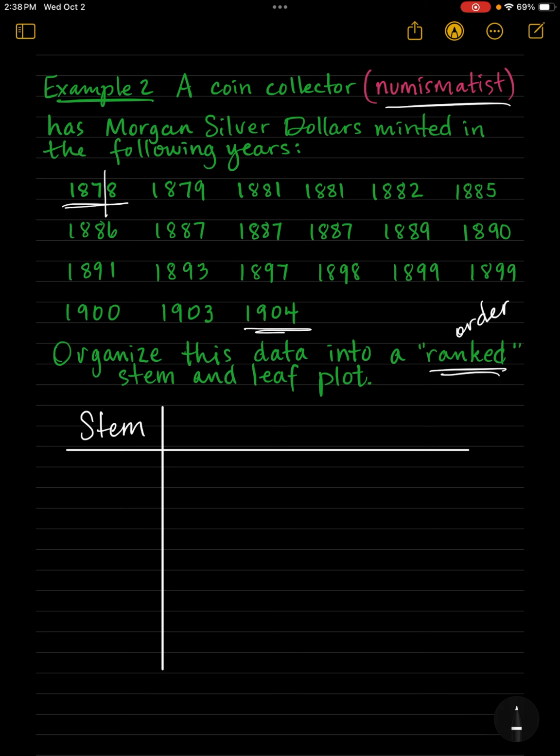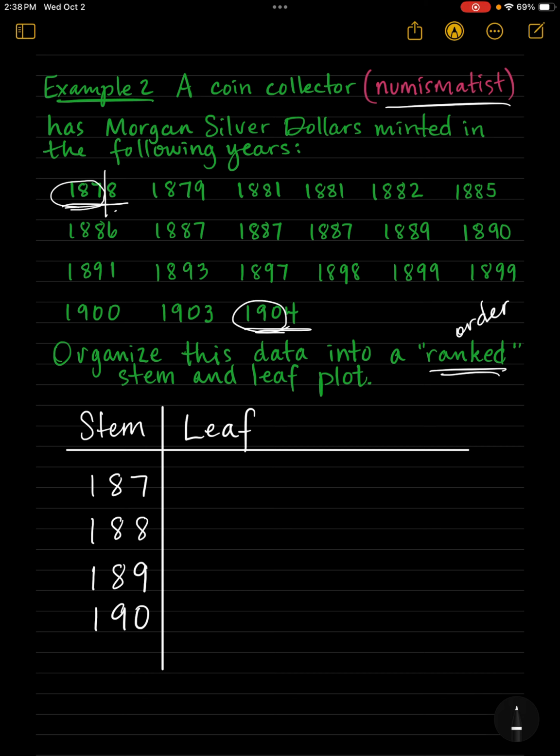I'm going to put stem here and leaf here. And I'm going to look at the first 3 numbers of my lowest and my highest. So my stems are going to go from 187 to 190. Never skip middle numbers. And the first and last have to be represented.